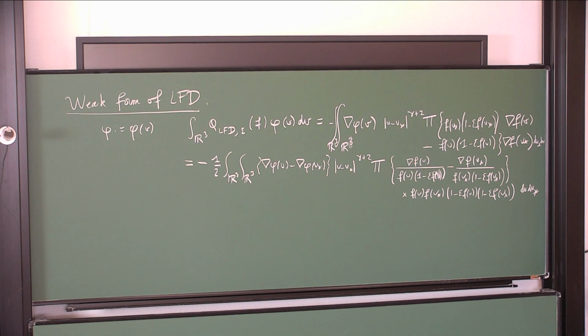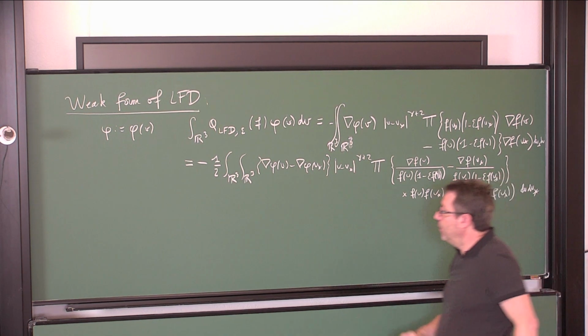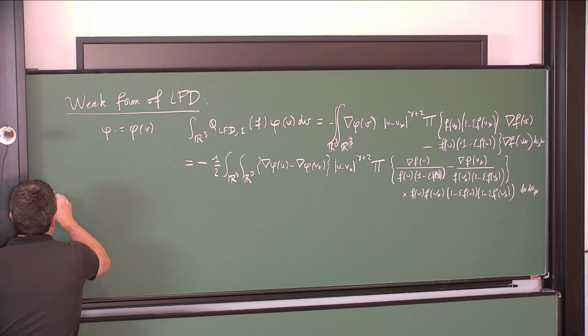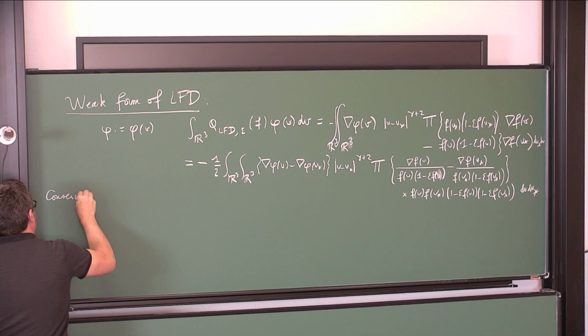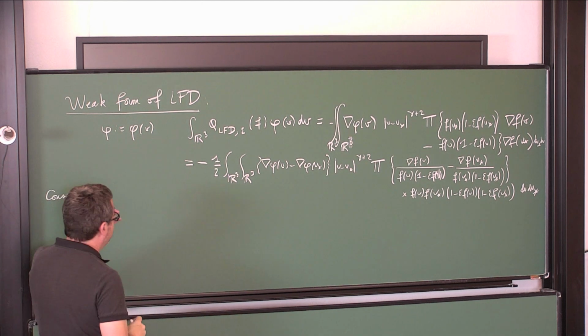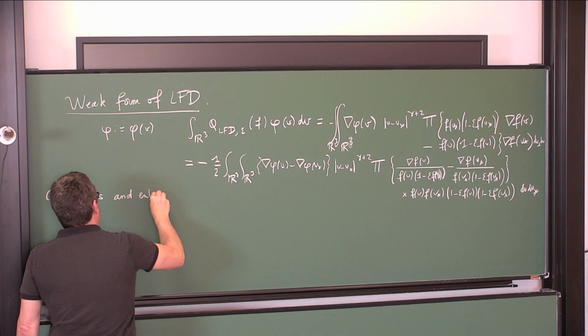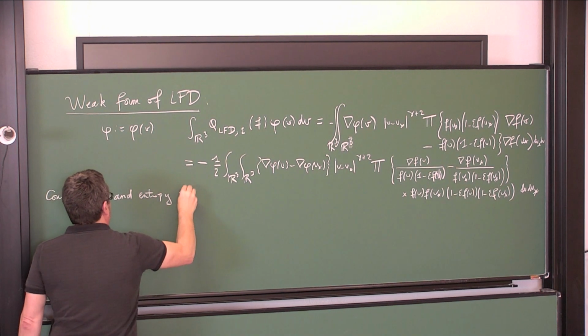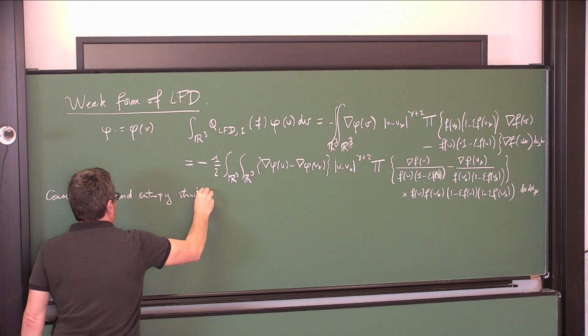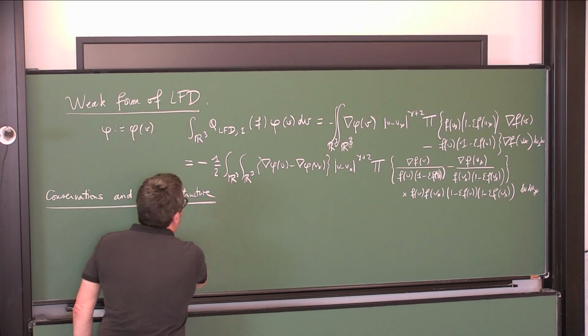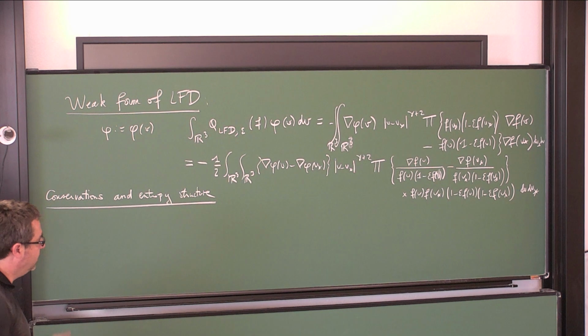The reason for that is that first you can get quite easily the conservations which are associated with the operator, and also the entropy structure which is associated to the operator.